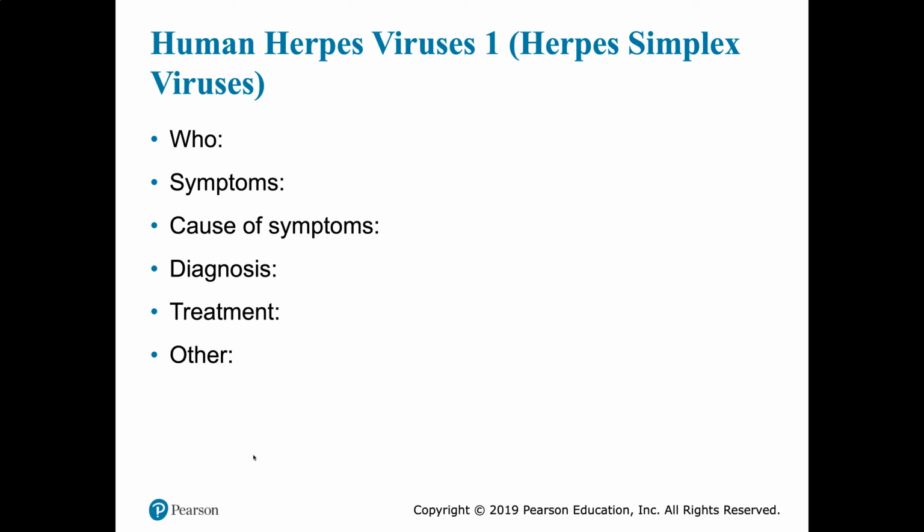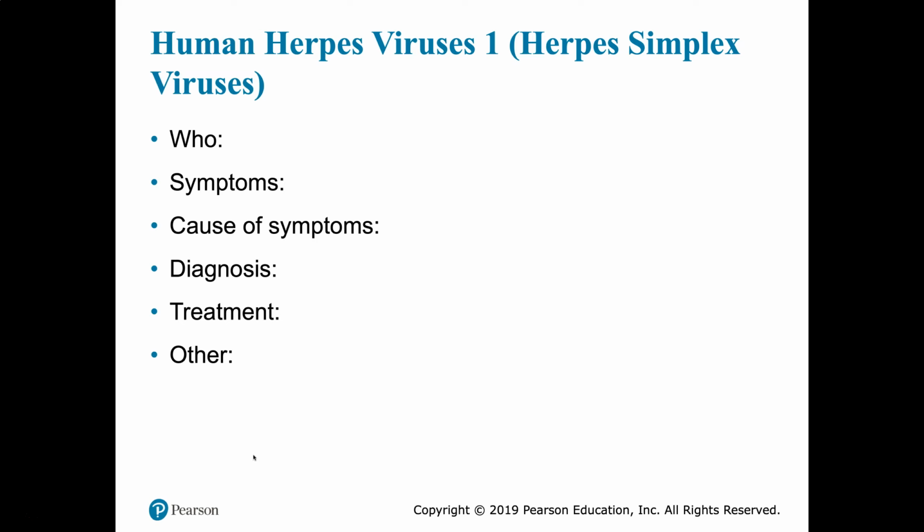These antibodies are specific to certain antigens. So human herpes virus, remember, has those glycoproteins on the outside? Well, our body would see those glycoproteins and make antibodies against them. Now, you can test the blood to see if those antibodies are present, and that can tell you whether or not a patient has or has had human herpes virus 1, HHV1.